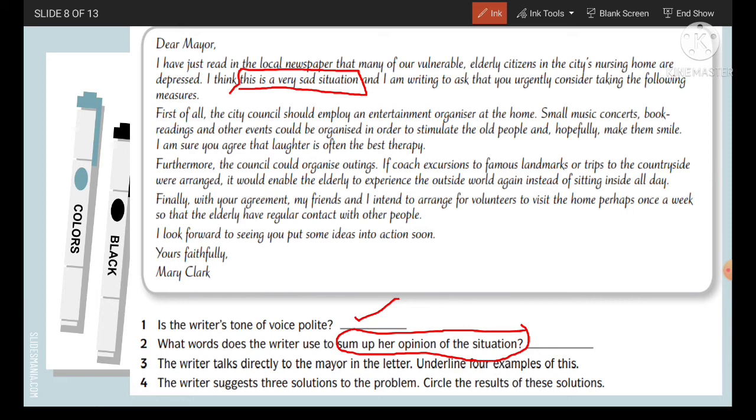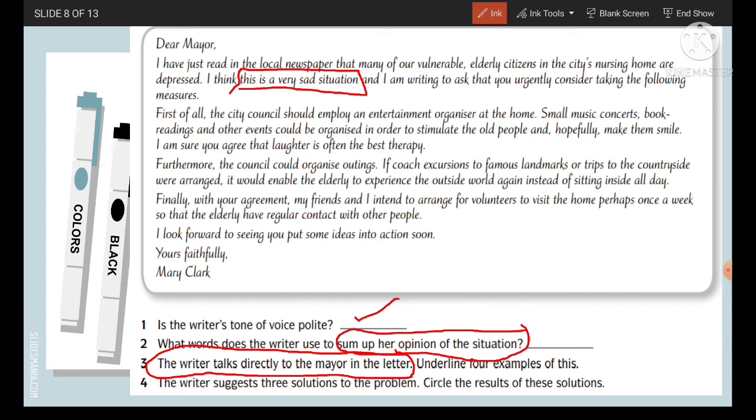Okay, number 3, the writer talks directly to the mayor in the letter. Underline 4 examples of this. Okay, they ask you to find out how the writer talks directly to the mayor. Which phrases or sentences indicate that part?